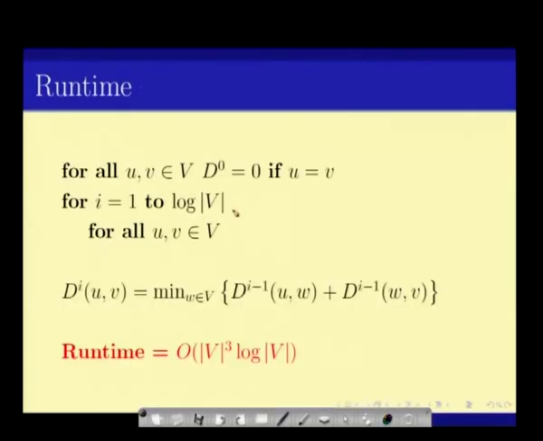So, this is for all U V, so there is a log V here, for all U V there is a V square here, and the updating, the minimum over this, takes order V steps. Multiplying all of them gives order V cube log V. Note that this works for negative edges also.